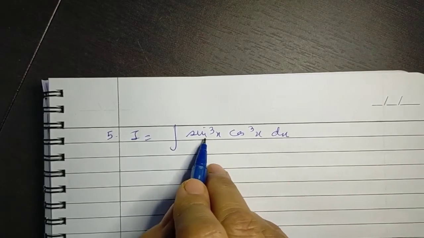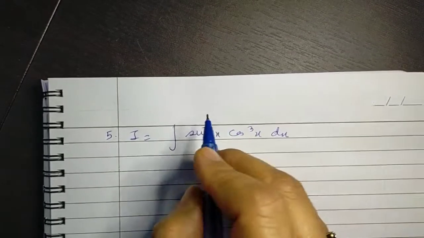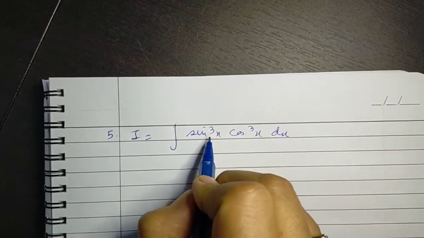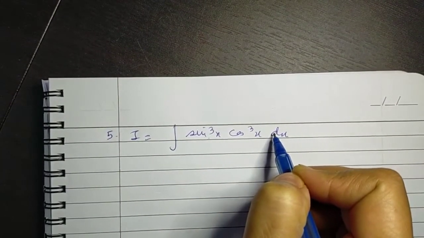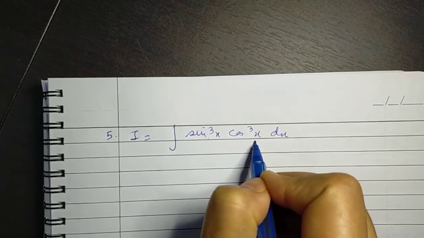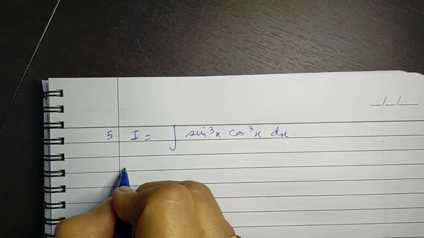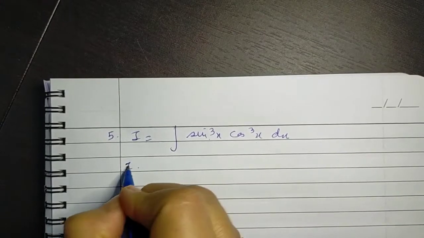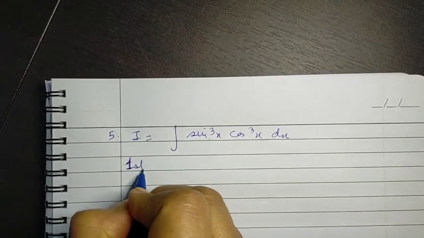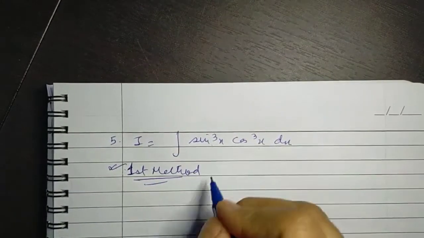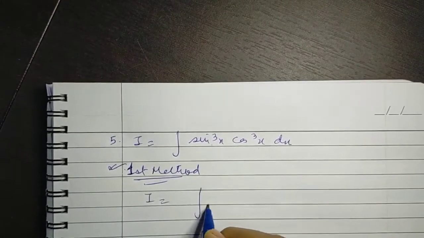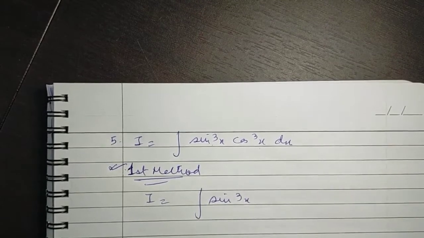Here we can simply put one of these as t, the other comes out to be dt, but that also doesn't come directly. What we can do is, first method and the preferred method is that you write I is equal to sine cube x.